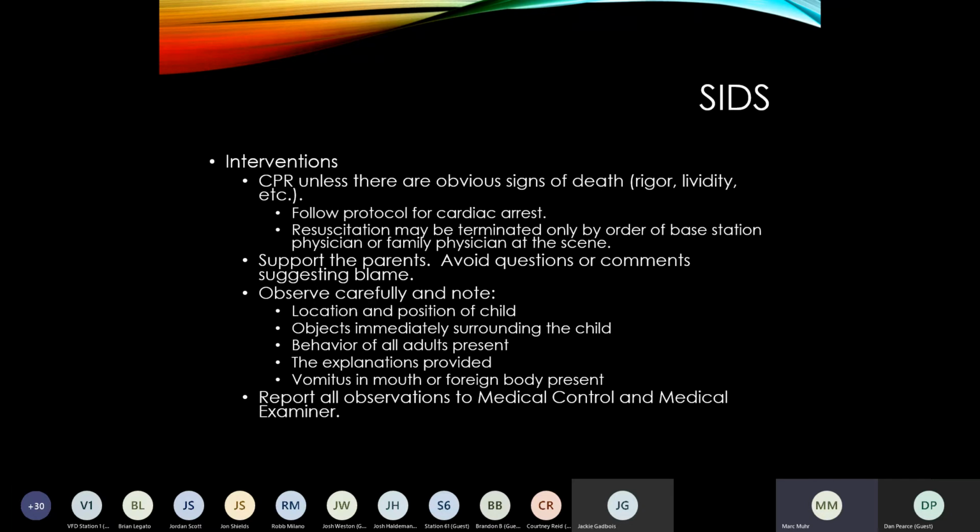Follow your protocols for cardiac arrest. Resuscitation can be terminated in a SIDS case only by order of medical control consult, or if there happens to be a family physician at the scene. These are very difficult cases to manage.